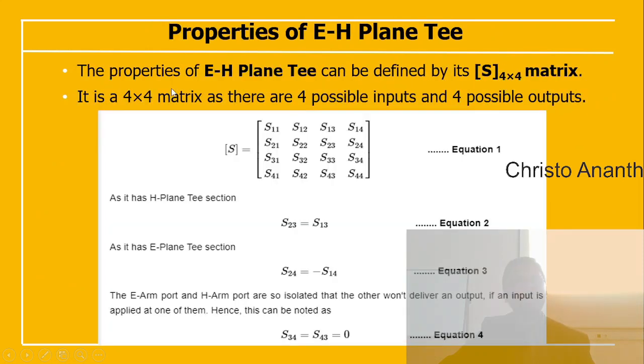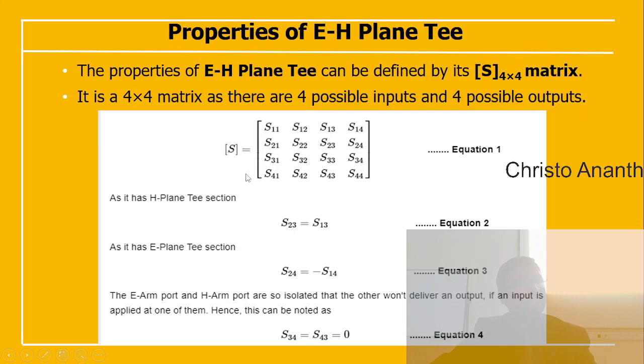Now we'll look at the properties of the E H plane T. It can be defined by a 4 by 4 matrix, which means there are 4 inputs and 4 outputs. So the S matrix can be given as S11, S12, S13, S14, S21, S22, S23, S24, S31, S32, S33, S34, S41, S42, S43, S44.